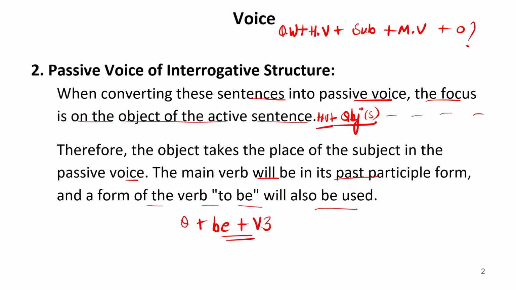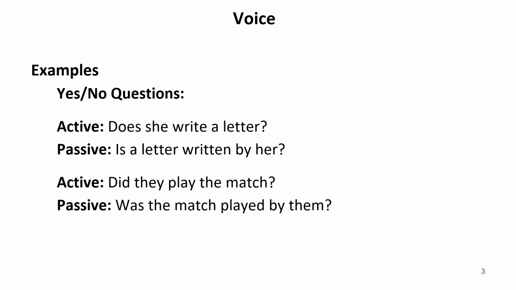Now let us see some examples. For example, whenever we have yes or no questions, like the questions of present indefinite or past indefinite tense, for example, does she write a letter? In this case, we cannot use does in passive voice. Instead of using does or did, we use the forms of be.